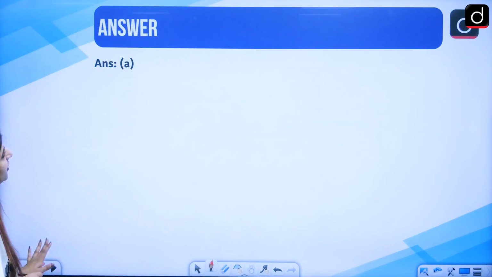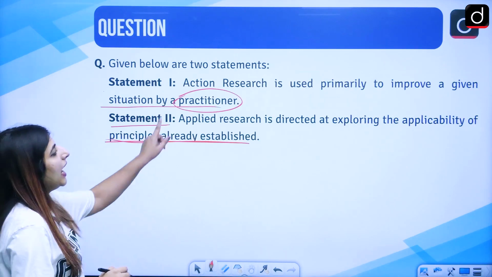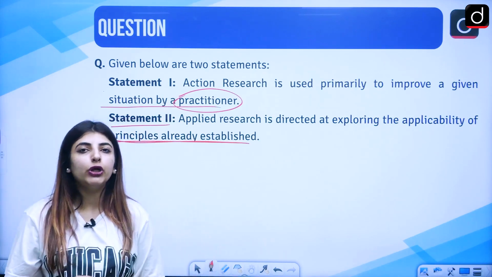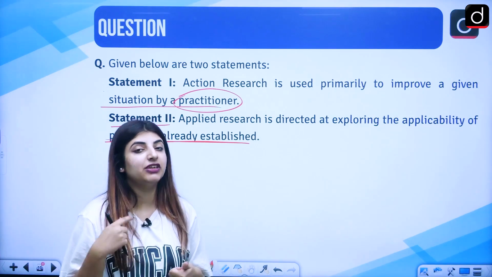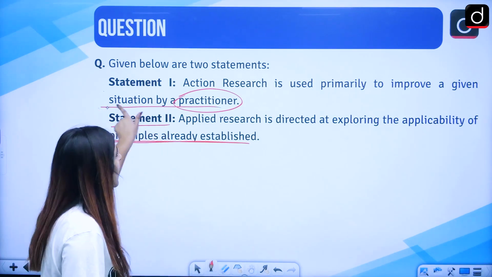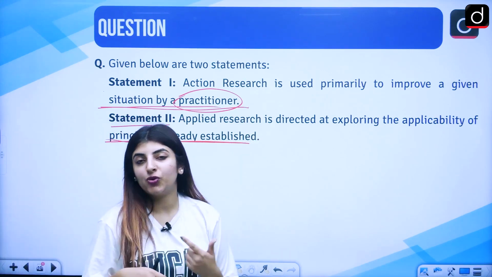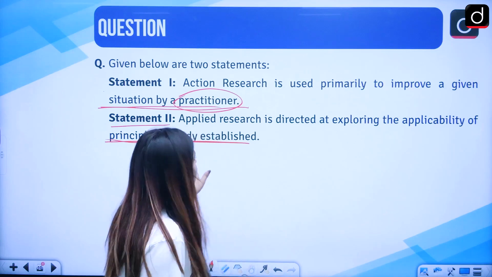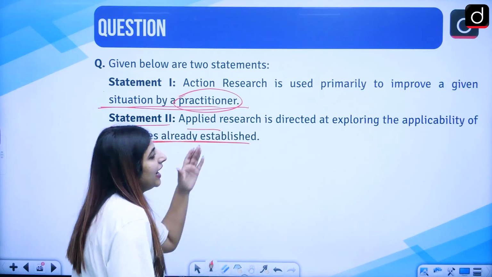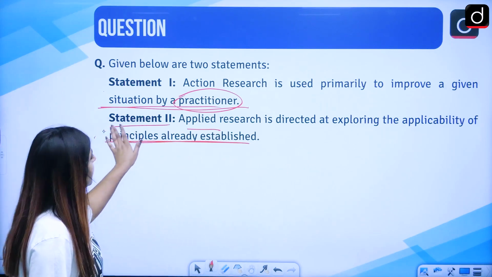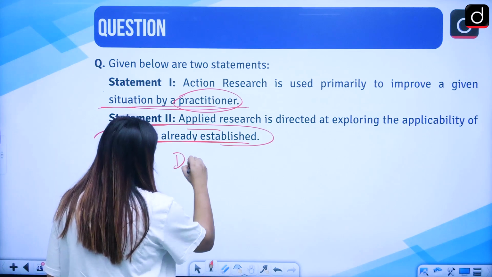The answer to this question is option A, that both these statements are correct. Action research, I have already told you, aims at improving or ameliorating a particular situation, especially by a practitioner or a person who is an educator, and so on and so forth. Correct? Statement 2 said, applied research, where we apply certain things, exploring the applicability of principles which are already established, like I gave you the example of the dowry system.